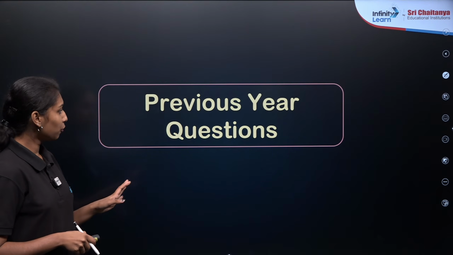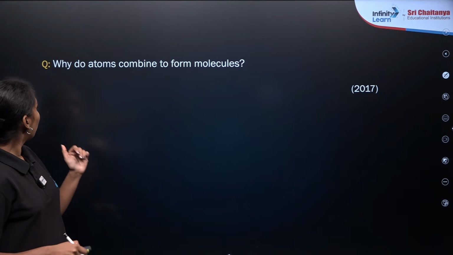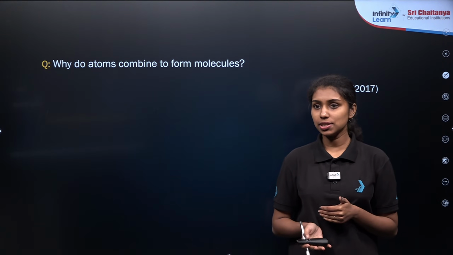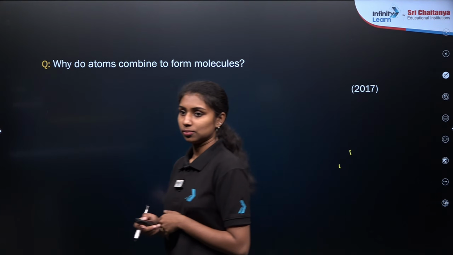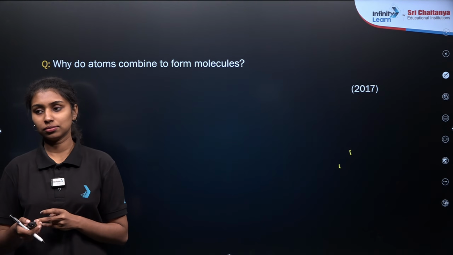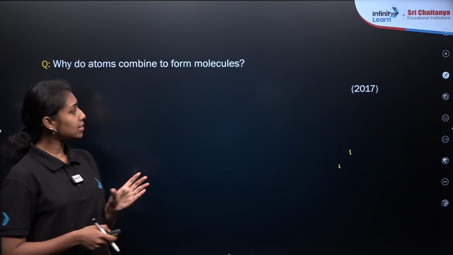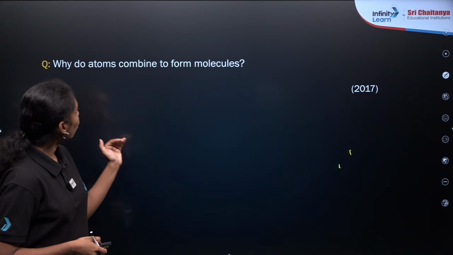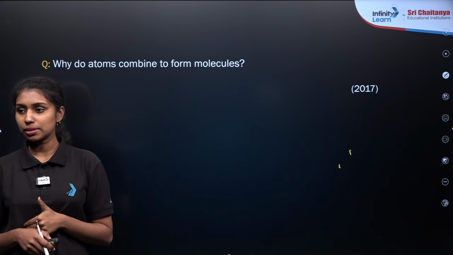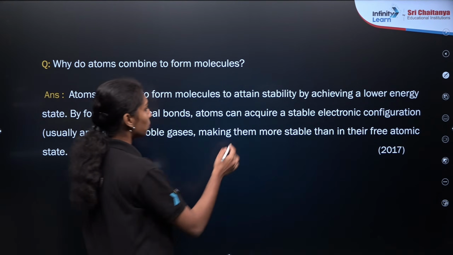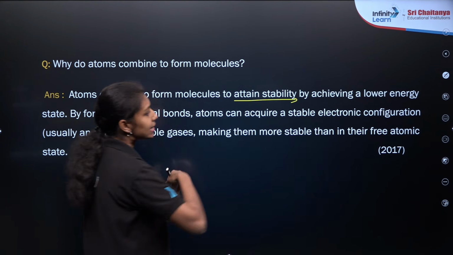Now let us discuss a few previous year questions. Why do atoms combine to form molecules? This is the basics of chemical bond formation. Just give me a single sentence about why atoms combine to form molecules. If you are asking for a single word, the answer is to attain stability, right?